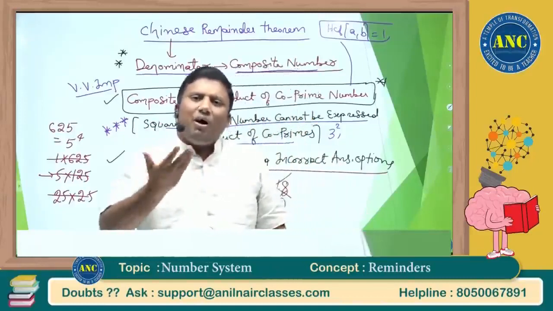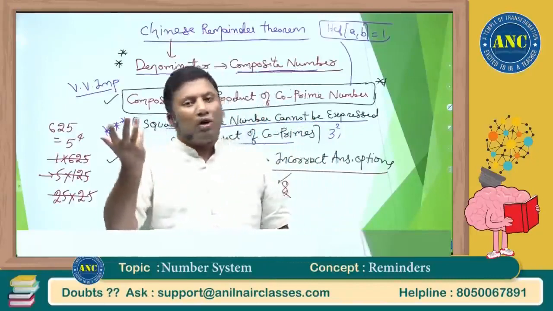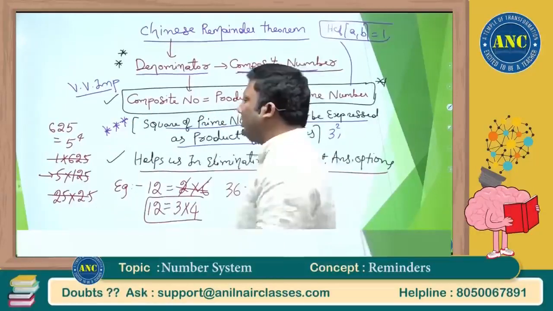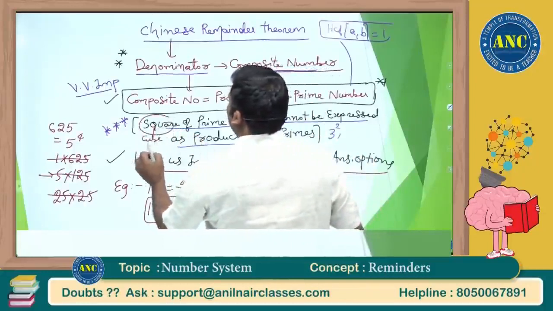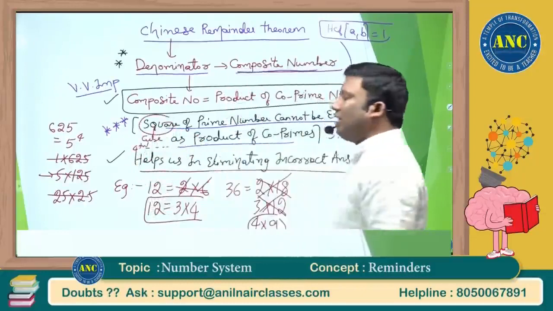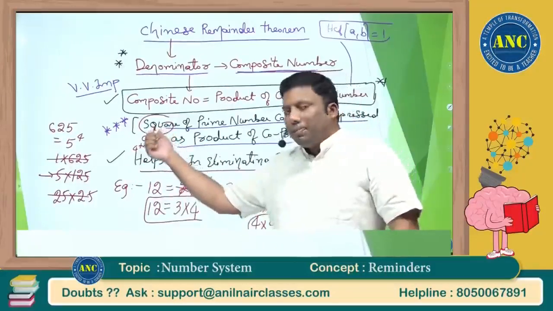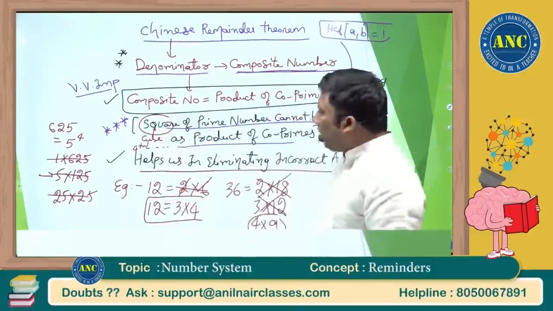Can I take the cube of a prime number? 2 cube is 8: 1 into 8, 2 into 4. Both cannot be written as a product of coprimes. You can start with the square, cube, or fourth power of a prime number; they cannot be written as a product of coprimes. Simplest is the square of a prime number, and any higher powers also cannot be written.